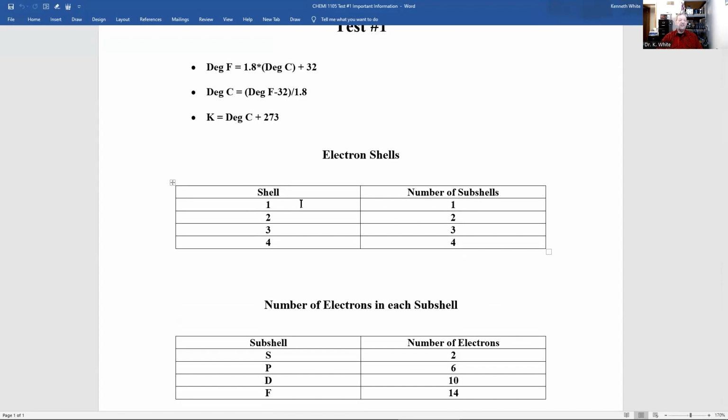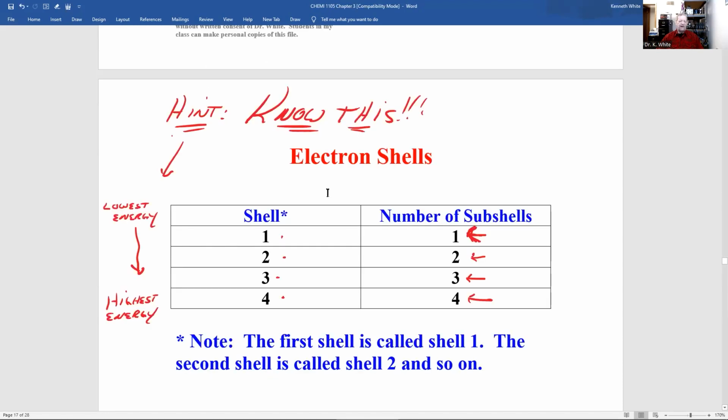There's still some memorization, but I've cut way down, which I think is a good thing. So you should know electron shells, shell 1, shell 2, shell 3, shell 4.